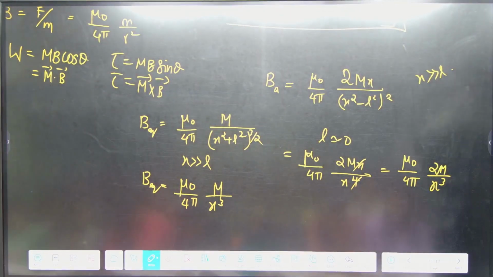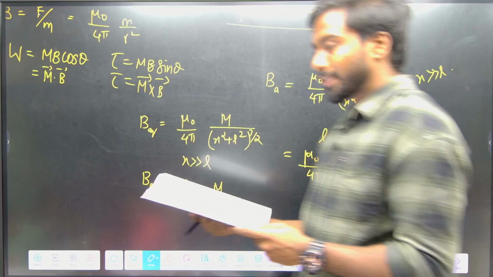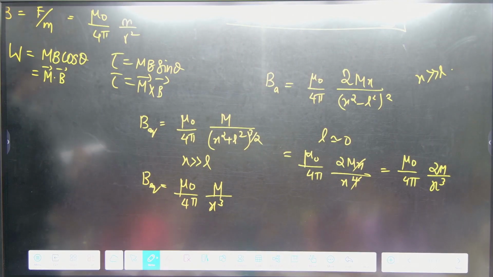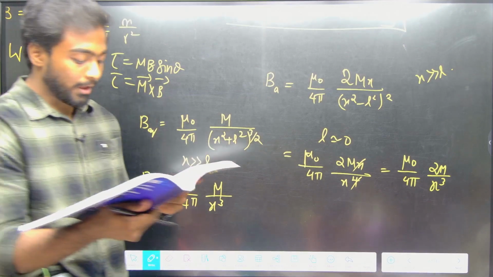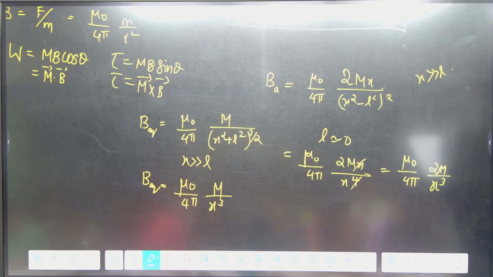So the next one is magnetic susceptibility, which we will call chi. So chi is equal to I by H. Okay, and permeability, is there no magnetic permeability, relative permeability.